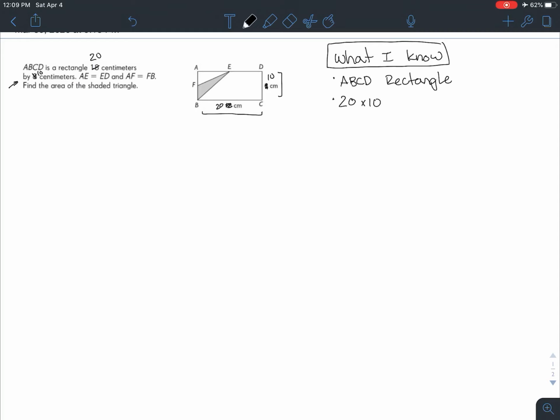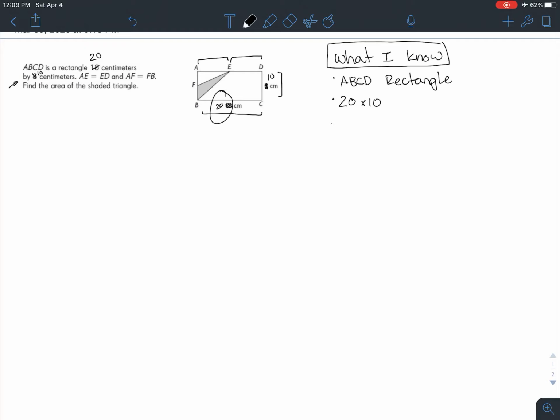Now, here's where we get to the kind of confusing part. It says that the side AE, which is right here, is the same as ED. So these two sides right here are equal, okay? The reason that's important is because if they're equal, they are cutting this side in half.